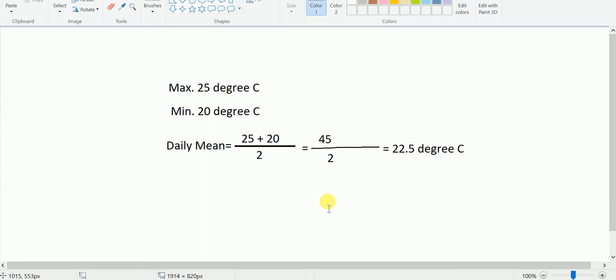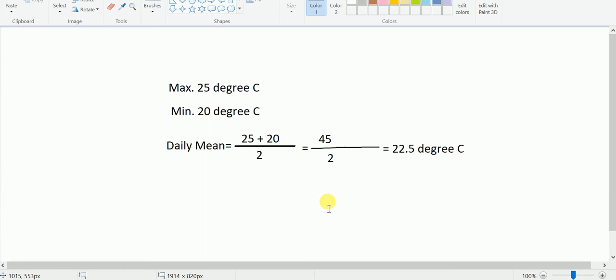And to find out the monthly average also, we have to add all the daily means and divide by the number of days in the month. Likewise, to find out the annual average, we have to add all the monthly mean temperatures and divide by the number of months in the year.